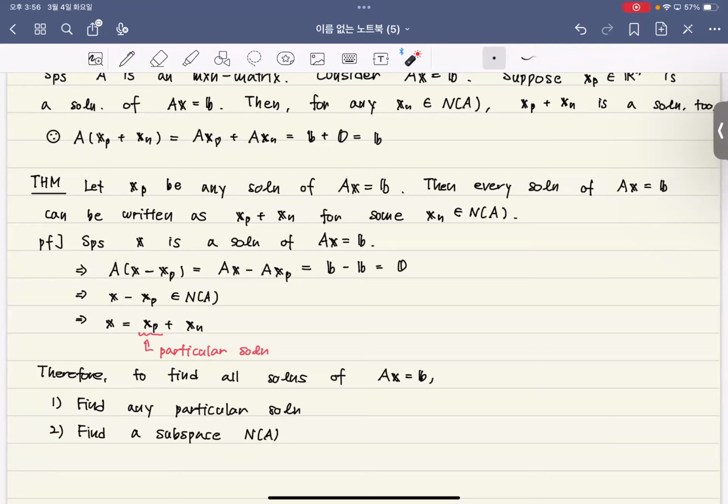But there is a question. If I say find a particular solution, that is very easy. Maybe by trial and error, if you find a single vector, then that can be your xp. But what do I mean by find a subspace? How do you describe any given subspace?